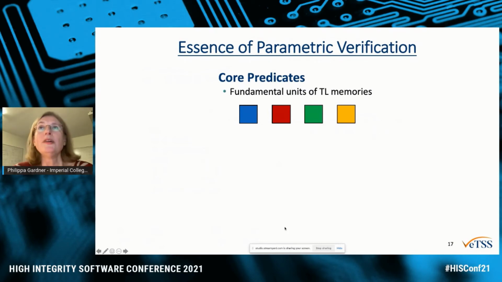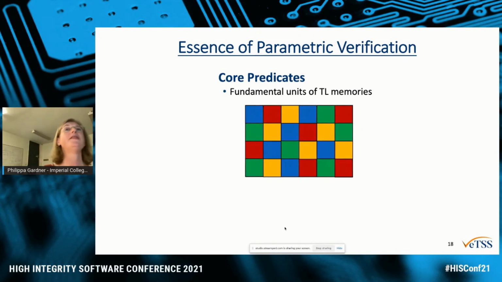So we're starting off with memory. We're going to think about memory in a compositional way, which is different from the previous work we've been doing. And we start off with fundamental units of the target language memories. For now, just think of tiny heap cells, and we'll get more complicated as we go along. So memory is built up of these tiny units.